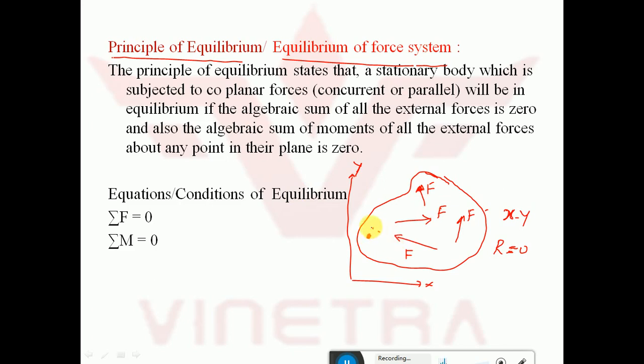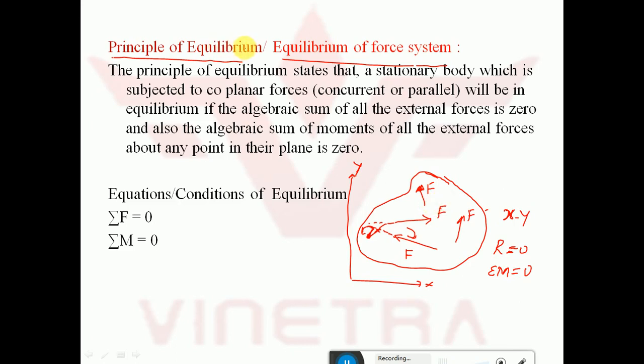If I extend a line here, this is the line of action and this is the perpendicular distance. This produces a clockwise moment. If I extend this line here, this is the perpendicular distance and it will produce an anti-clockwise moment. If I take the algebraic sum of all these moments produced by all these forces, the algebraic sum of all the moments should be equal to 0. Then the system is said to be in equilibrium, otherwise the system is not in equilibrium.